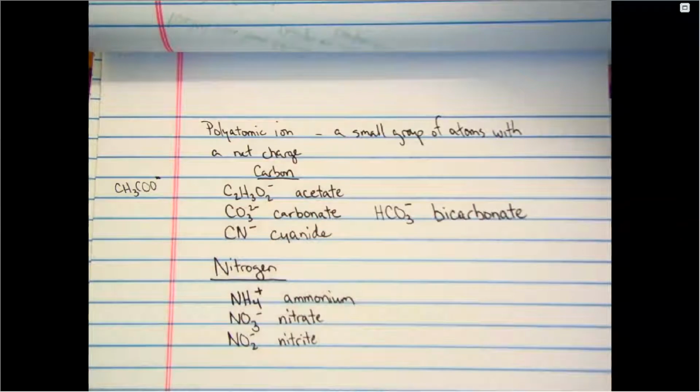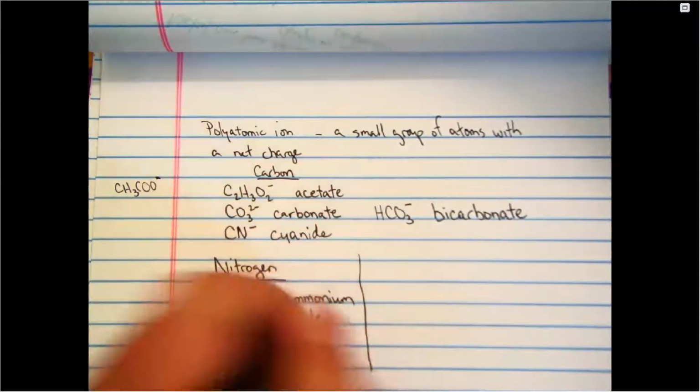The first big shortcut here is that if there is an -ate version of a polyatomic ion and an -ite version, the only difference between those two is that there's one less oxygen in the -ite version. Same formula, same charge, just one less oxygen. So if you know nitrate, then you know nitrite.